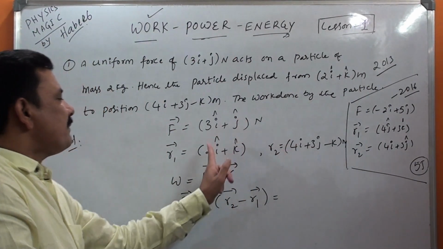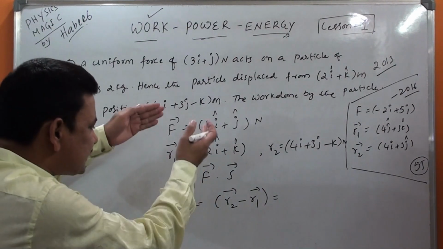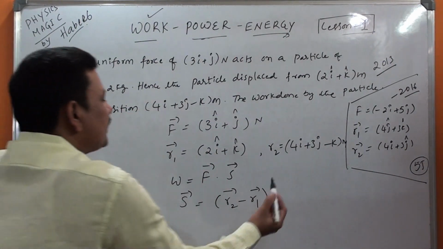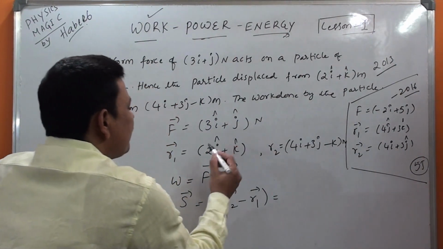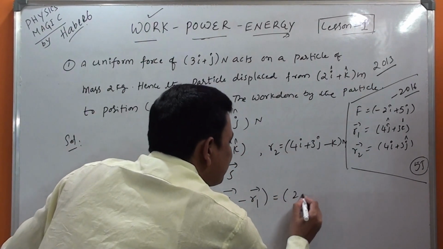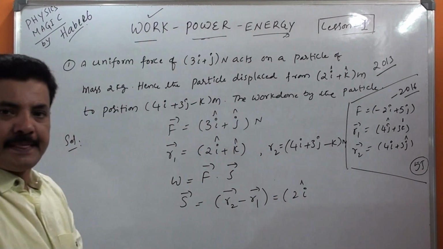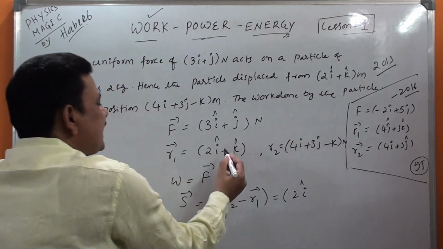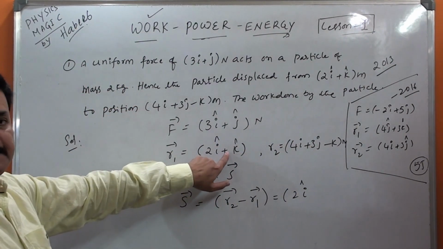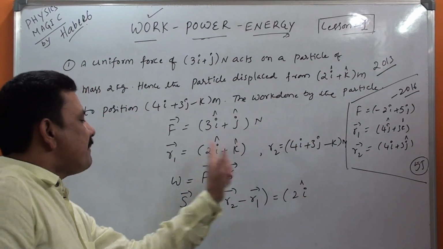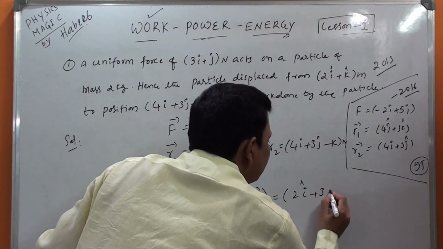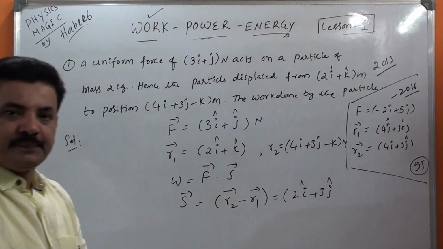Now R2 bar minus R1 bar. I am not at all interested to write in detail because you can easily do 4i minus 2i. It will become 2i. Then plus 3j, here 0j, the j term is not there. So 3j minus 0, then it will become plus 3j.